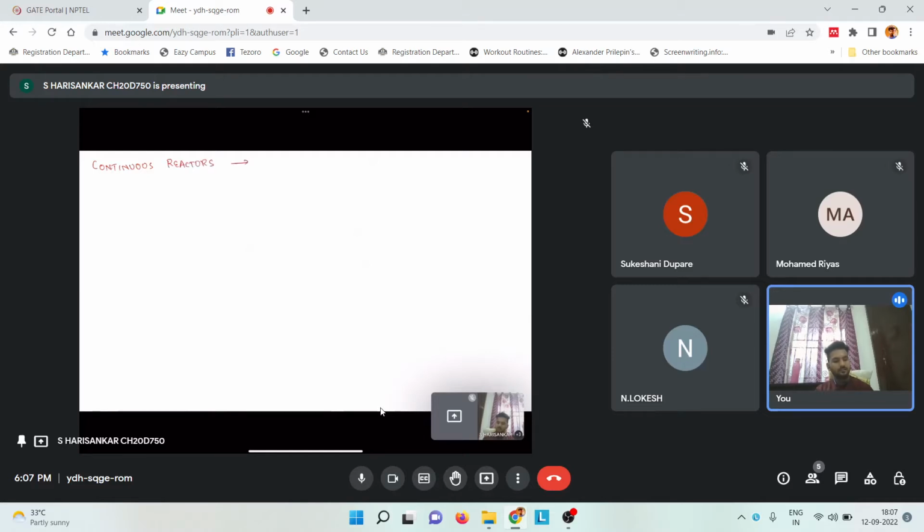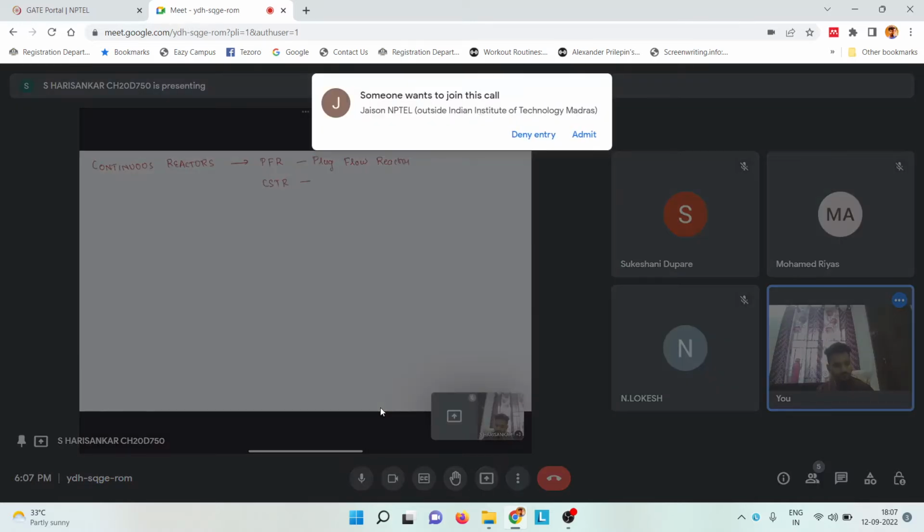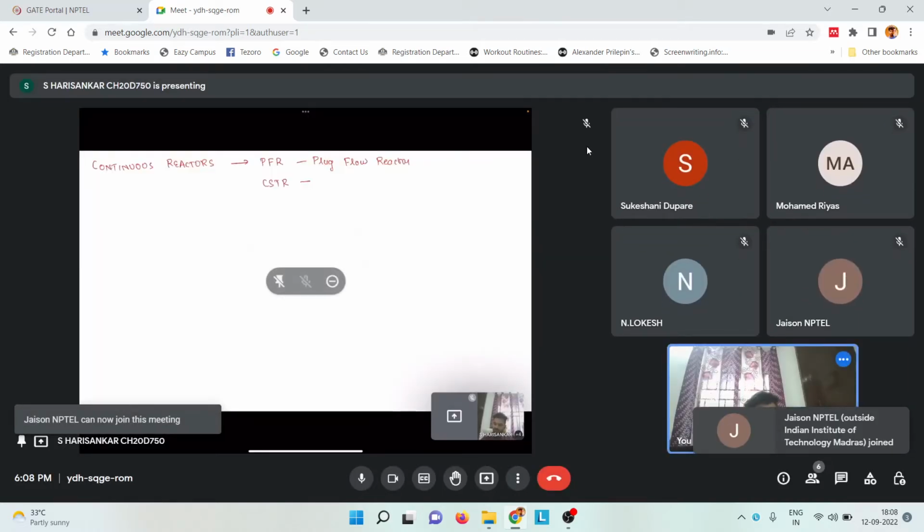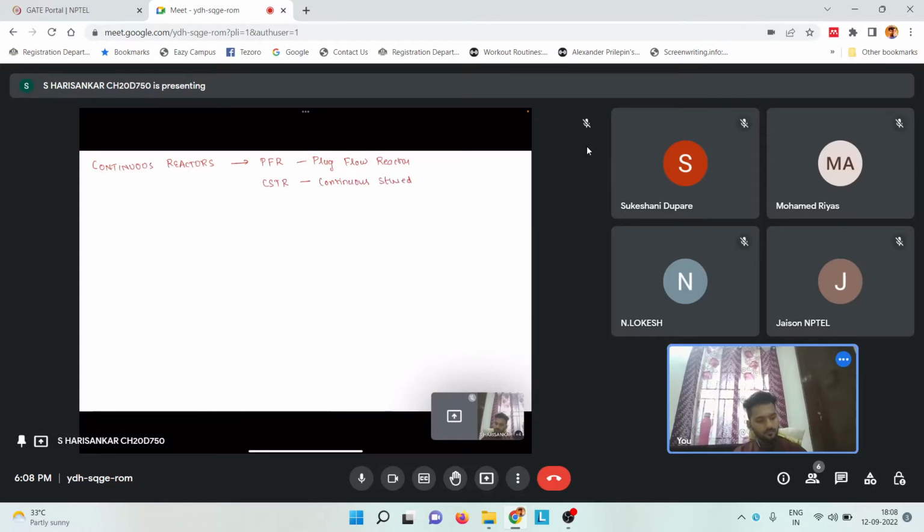The continuous reactors are PFR, or plug flow reactor, or CSTR, which is continuous stirred tank reactor.